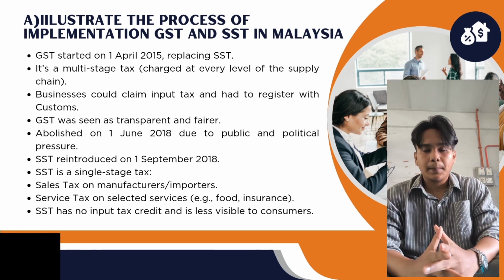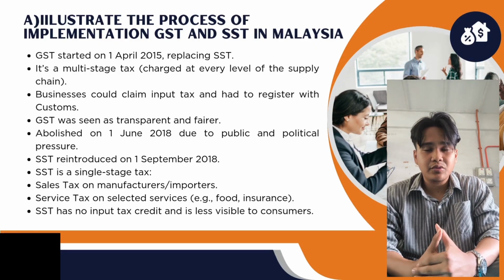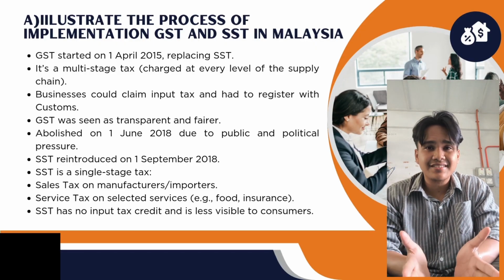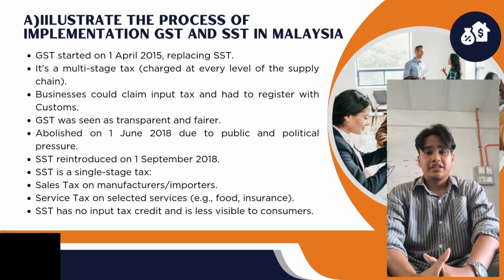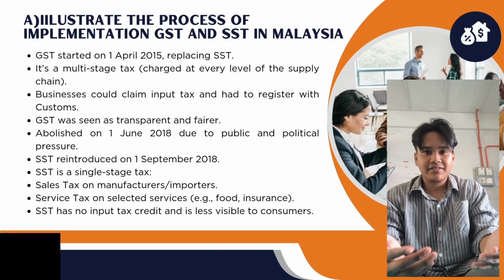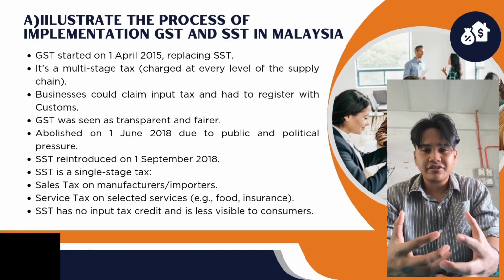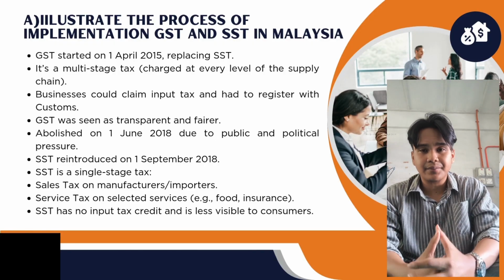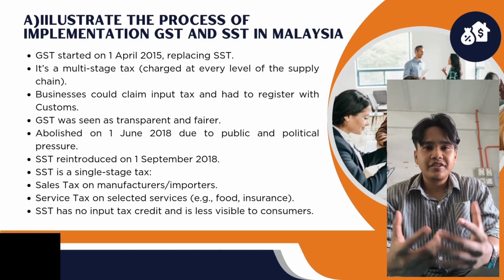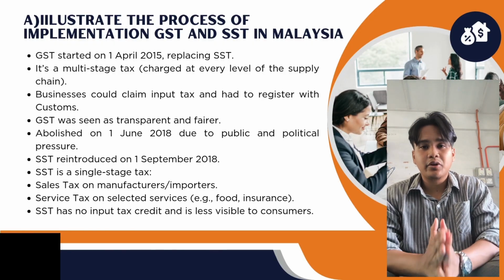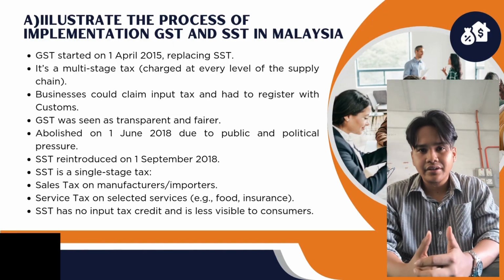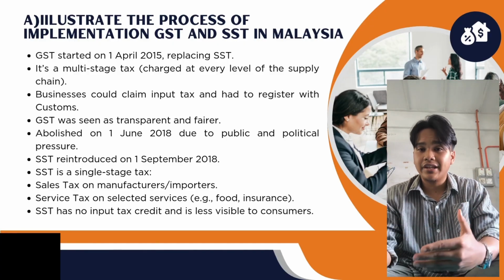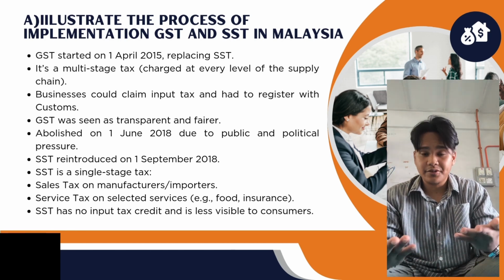So, the implementation of GST, which is Goods and Service Tax, in Malaysia began on 1 April 2015. It replaced the former SST system and created a more efficient and transparent tax system. GST is a multi-stage tax because it is charged at every level of the supply chain, from manufacturer to retailer, at a standard rate of 6%.